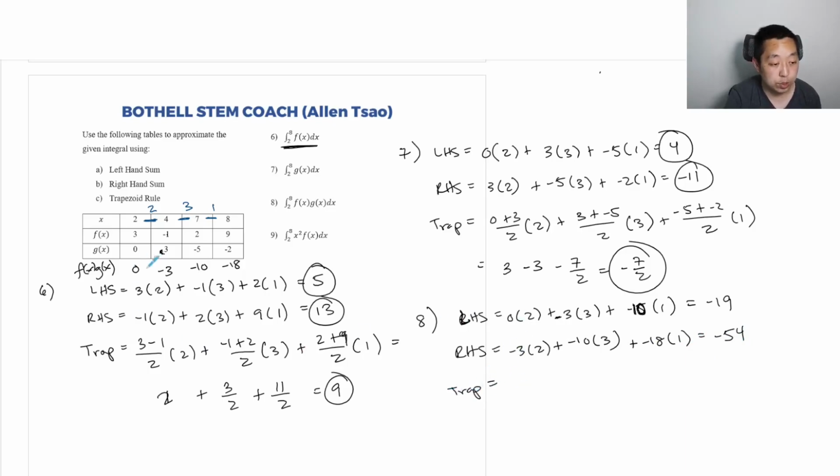And then trapezoid rule, you're just going to average the two. 0 plus negative 3 over 2 times 2 plus the negative 3 and the negative 10 over 2 times 3. And then negative 10 plus negative 18 over 2 times 1.